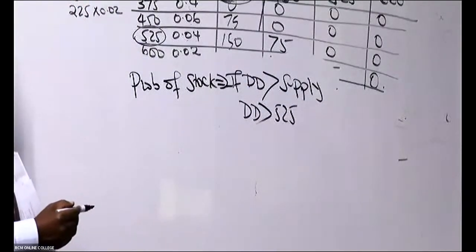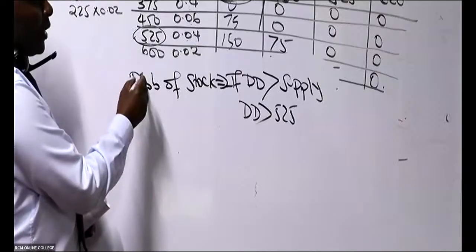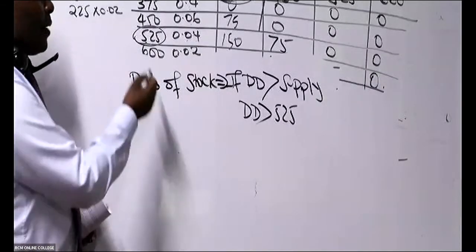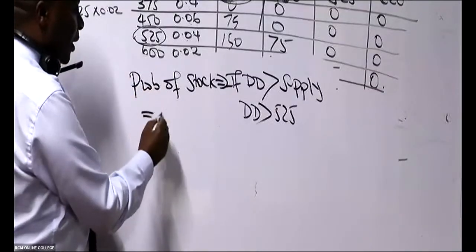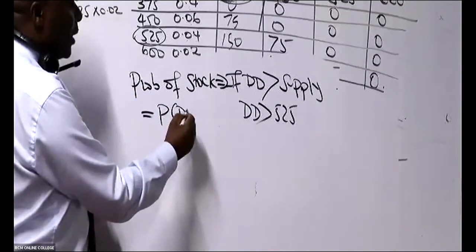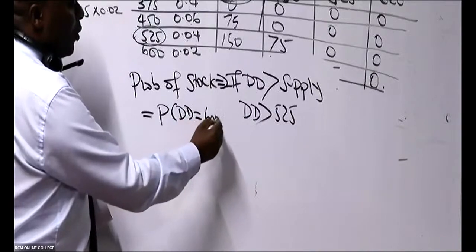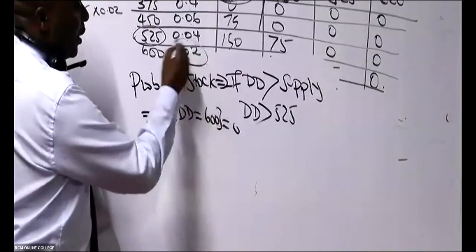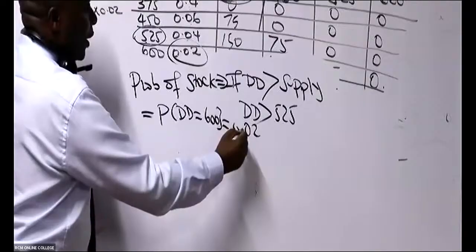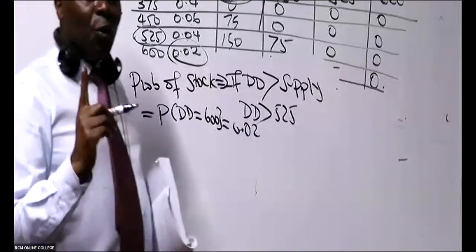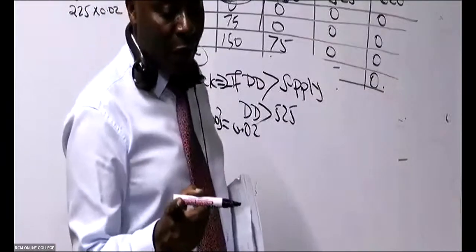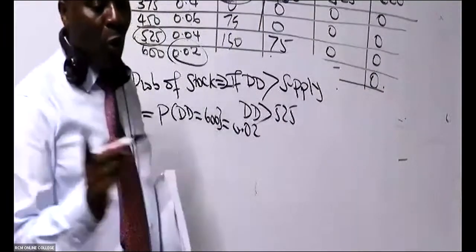So we have only one possibility, demand being 600, demand being more than 525. This is the probability of demand being equal to 600, which is 0.02. We only have one event in which we see ourselves running out of stocks.